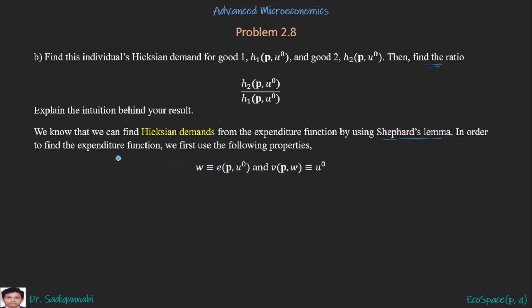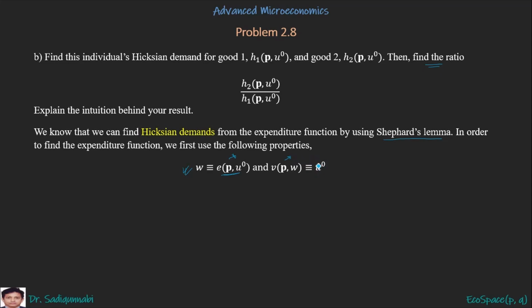So W is equal to the expenditure function, that means the minimum value function is the expenditure function, and the maximum value function means the indirect utility function, which should be equal to U0.